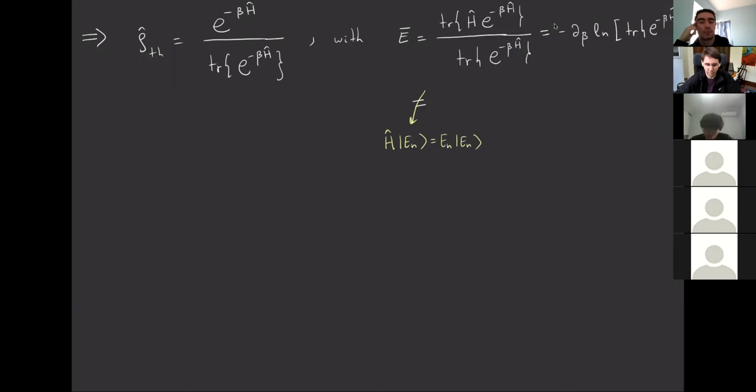Here I am assuming that the eigenstates form a discrete set, but it would work also for a Hamiltonian with a continuous part in the spectrum. And therefore, when we use the basis of the Hamiltonian to evaluate the trace, because this is a function of the Hamiltonian, what we get is just something like this, minus derivative in beta of the logarithm. And now what we get here is something that might look familiar for all of you.